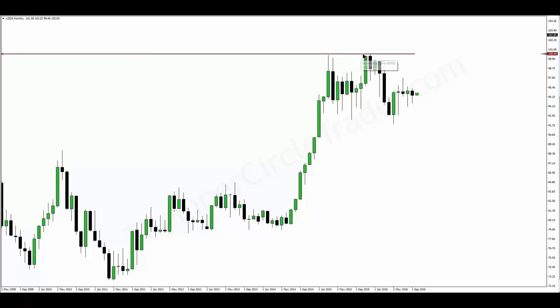We have equal highs here. Okay. And price came down and hit a level of support. You saw that happen here. Okay, so we know that there's equal highs up here.